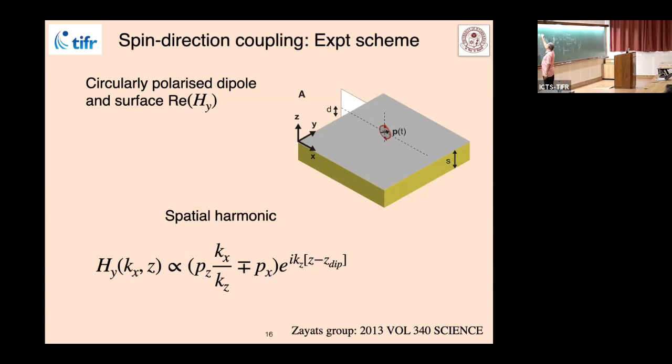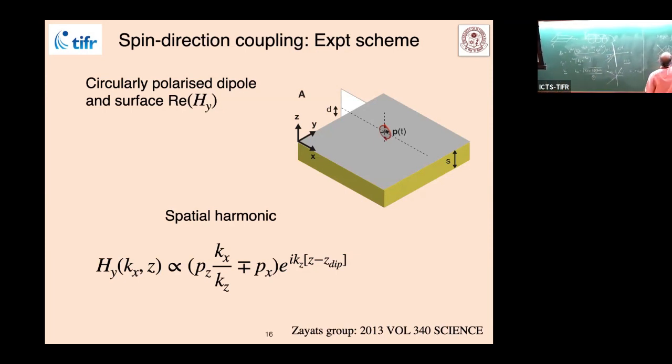So you are doing a Fourier transform of H(x, y). It is the integral over dkx of e to the power i kx x times Hy(kx), with the z dependence e to the power i kz z.